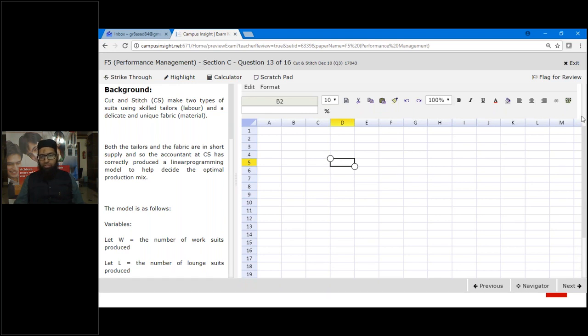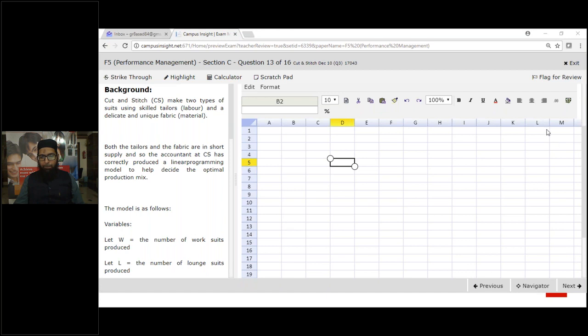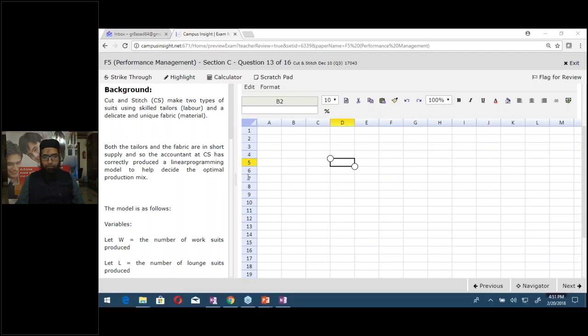So is there any question up till now? Kindly solve the question with one critical constraint.